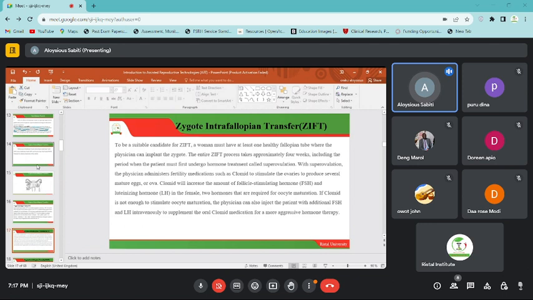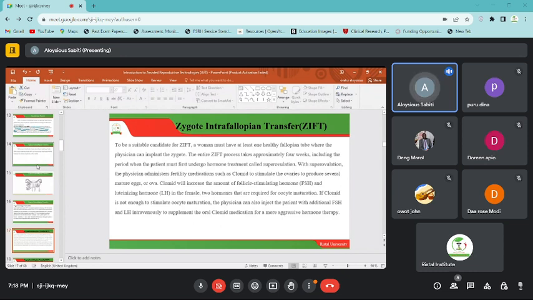These two hormones are required for oocyte maturation; when they are released in the body, there are chances that the oocyte will mature. However, if clomid is not enough to stimulate oocyte maturation, the physician can also inject the patient intravenously with additional follicle stimulating hormone and luteinizing hormone to supplement the oral clomid medication for a more aggressive hormone therapy.